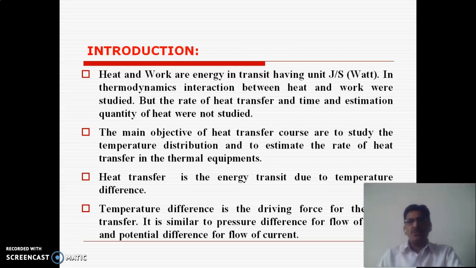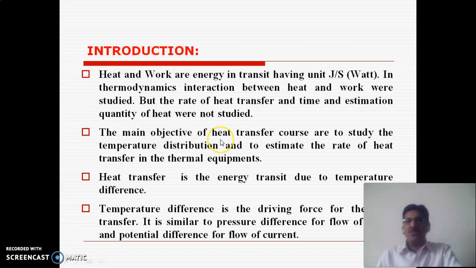In thermodynamics, we studied that heat and work are energy in transit, having unit watt or joule per second. Interaction between heat and work was studied, but the rate of heat transfer and time and estimation of quantity of heat were not studied.